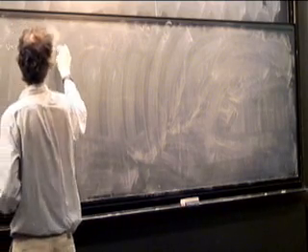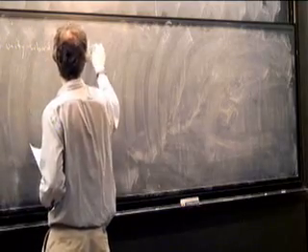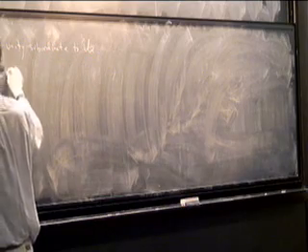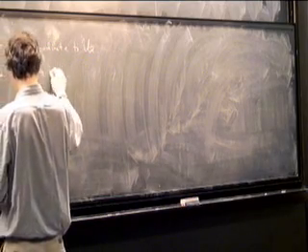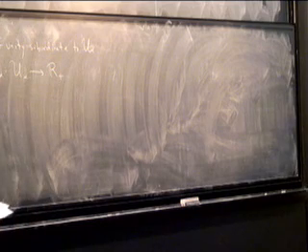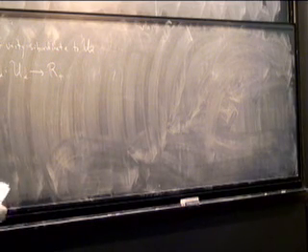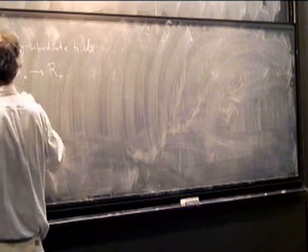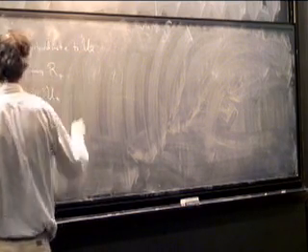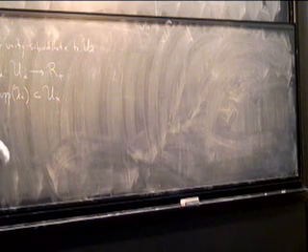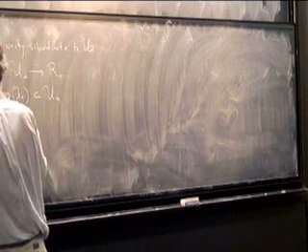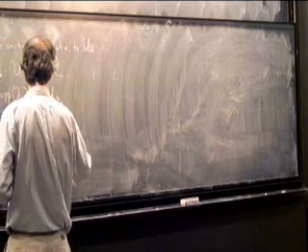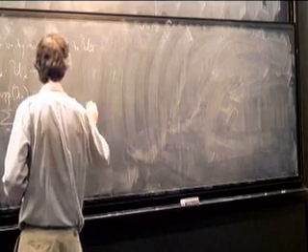So what is that? That's a collection of functions, lambda alpha, from U_alpha to R plus. So they're non-negative functions, and the support of lambda alpha is sitting inside U_alpha. And finally, the summation over alpha of lambda alpha of x is equal to 1 for all x in N.